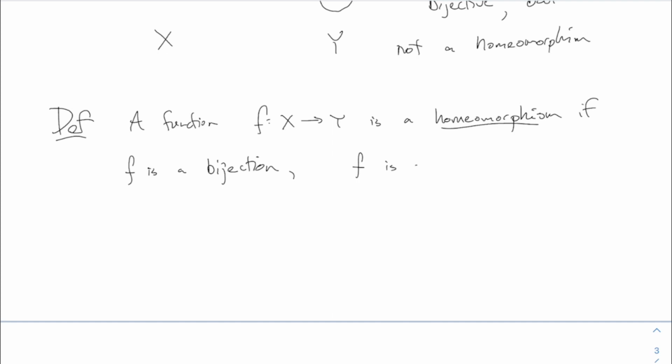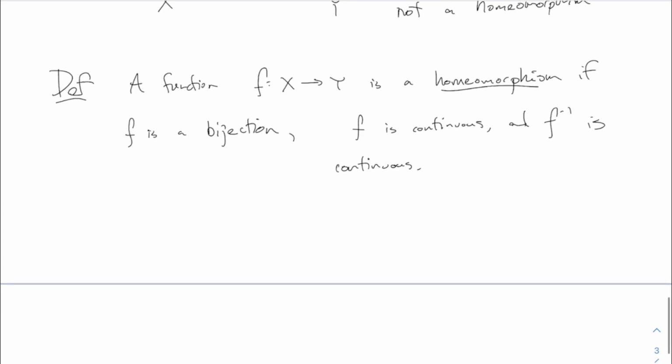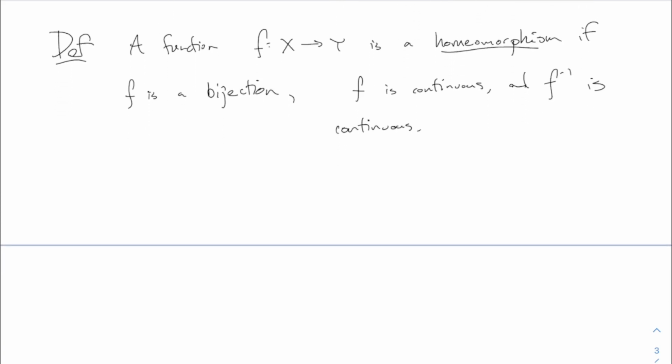Also, f is continuous. And finally, f inverse is continuous. That is a homeomorphism. And in that case, if there really is a homeomorphism from x to y, we say x and y are homeomorphic.